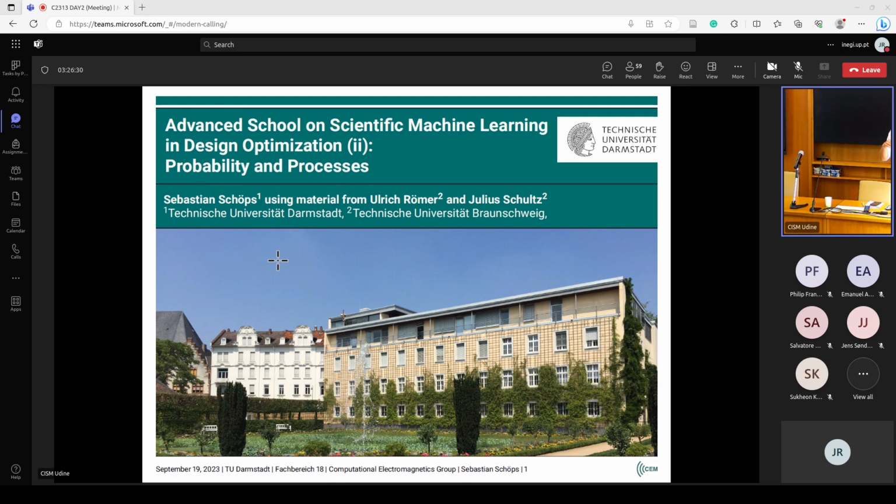Then the numerics: the finite element method may be regarded as something uncertain, which is of course not true, but maybe we don't know the error. So there's also some uncertainty regarding the finite element error. But I think the most interesting for us now are manufacturing imperfections or material imperfections. And these can be modeled, I don't know.